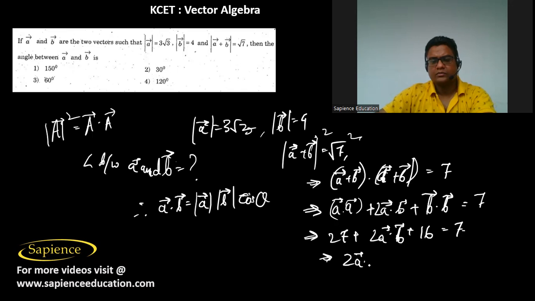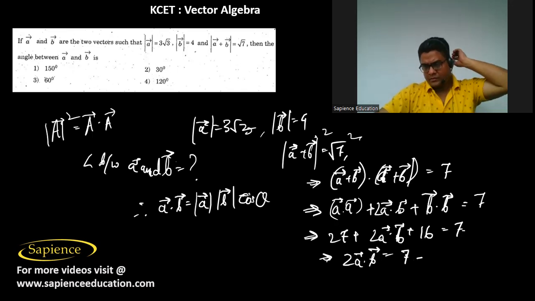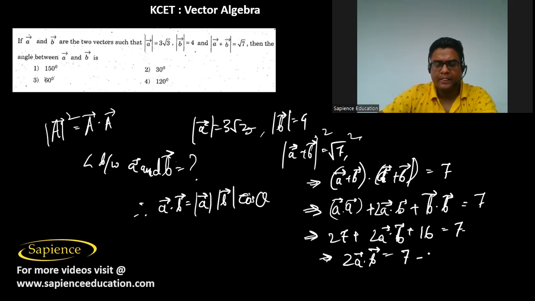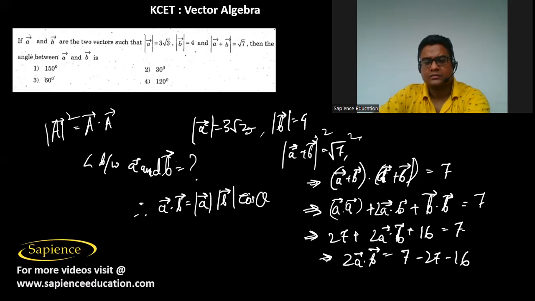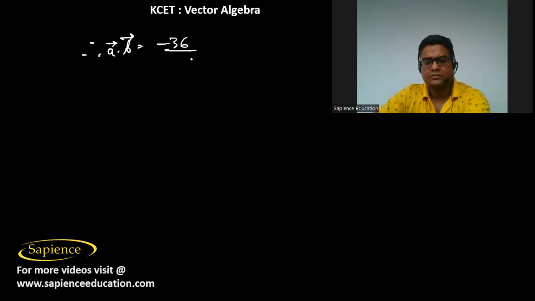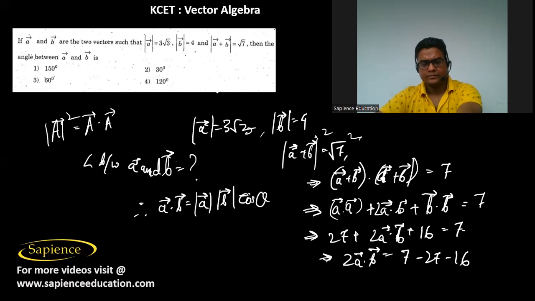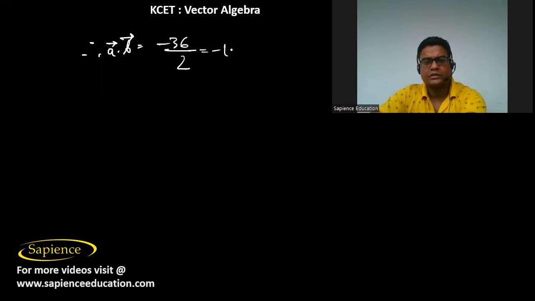So therefore 2 a dot b will be equal to 7 minus 27 minus 16. So a dot b will be equal to minus 36 by 2. So this is equal to minus 18.